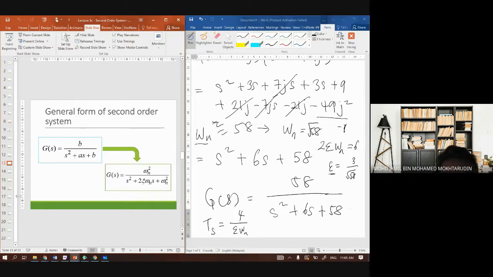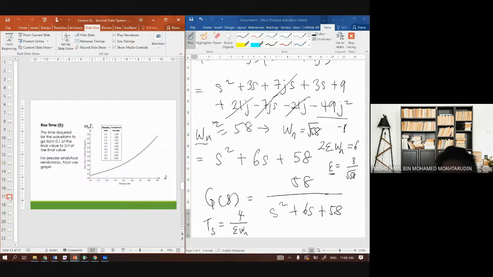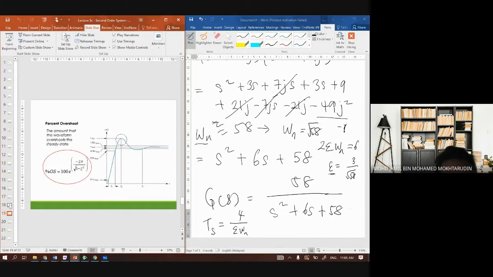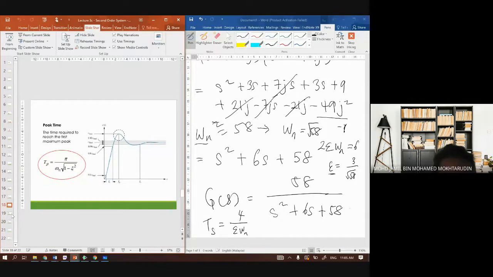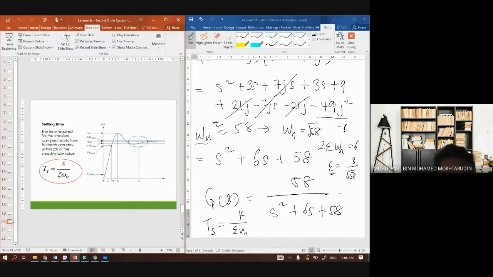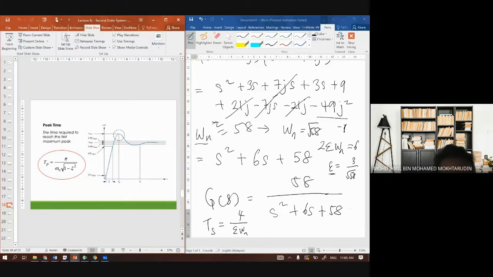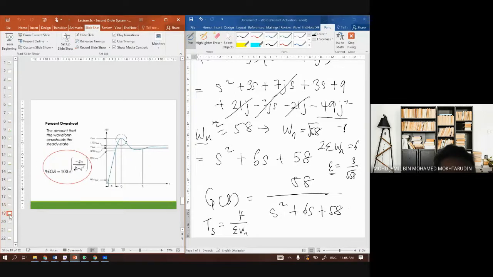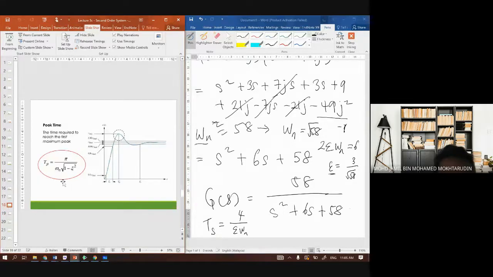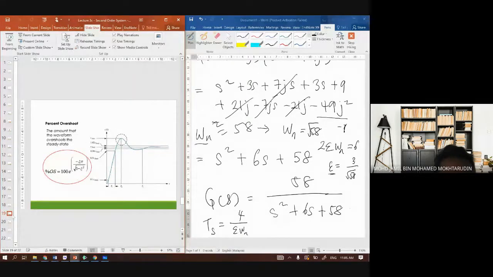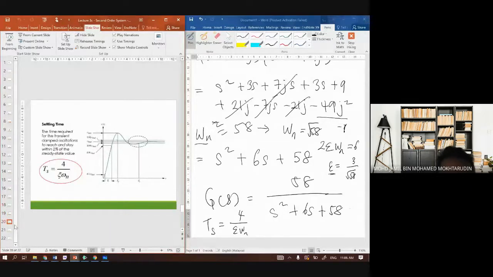Please also understand the peak time, percent overshoot, and settling time, because we will see this again in chapter 5, where we use the performance of second order systems to design a controller. So please understand, especially overshoot, peak time and settling time.